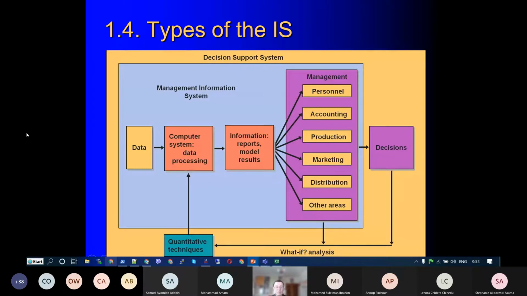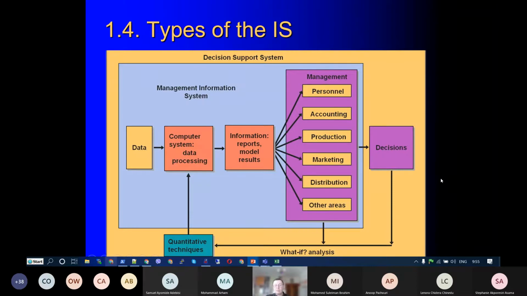And here is how we can distinguish between management information system and decision support system, which are very similar things, but in fact, management information system is dedicated only to collecting data and making some uniform presentation, maybe identifying trends or possible disruptions, mostly in the form of various reports.